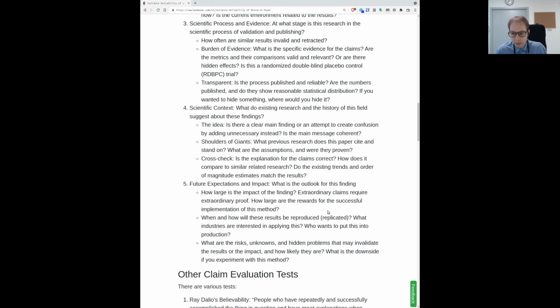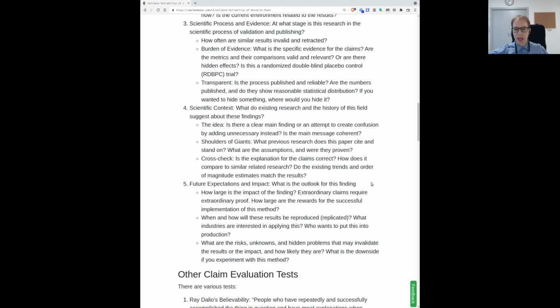Is it, for example, a randomized, double-blind, placebo-controlled trial, where you try to randomize the two different groups such that you don't have some correlation effects which are unrelated to what you are studying?